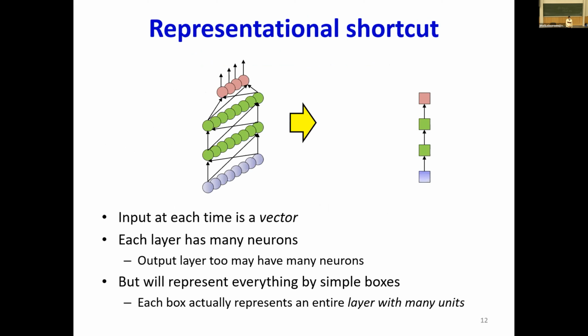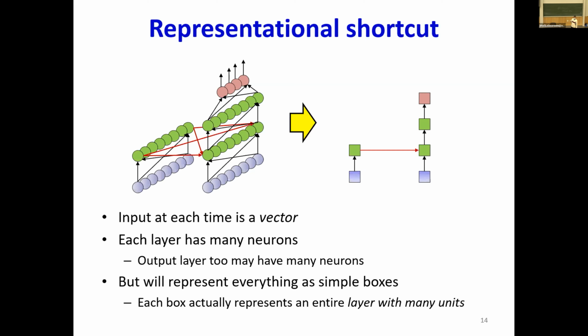So every little square over there represents an entire layer of neurons. Every arrow represents a complete set of connections from all the neurons in the source to all the neurons in the destination of the arrow. So, for example, if I had a network of this kind, like the one that's shown on the left, the corresponding representation that I would have is the figure I have on the right.